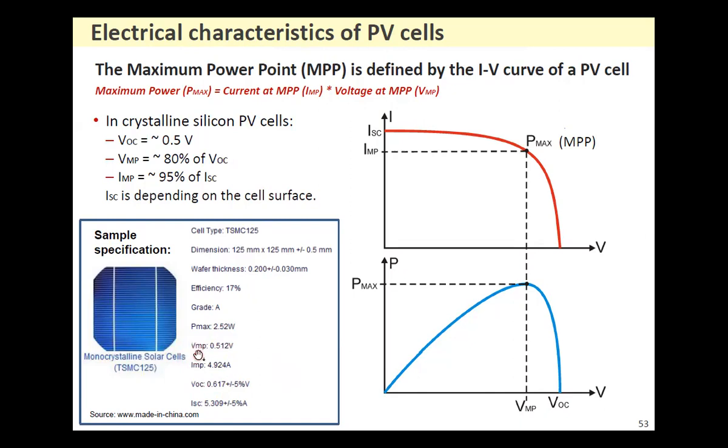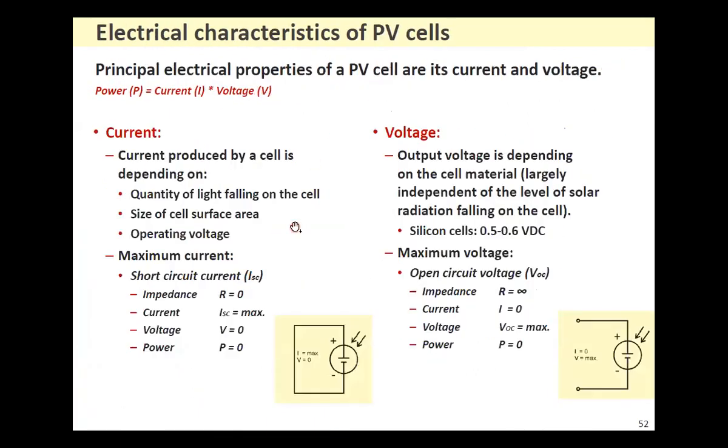VMP means the voltage at maximum power, and IMP means the current at maximum power. What does the maximum power mean? As I told you in the previous slide, what is I short circuit? When you are shorting out a cell, the current obtained is the I short circuit.